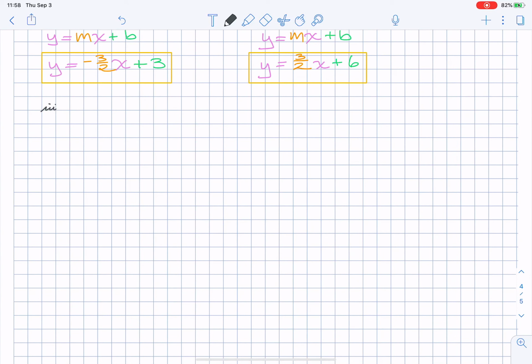Let's say we have, what do I want to do? Okay, let's make this a small graph. X and y. Let's do 1, 2, 1, 2, 1, 2, 1, 2.